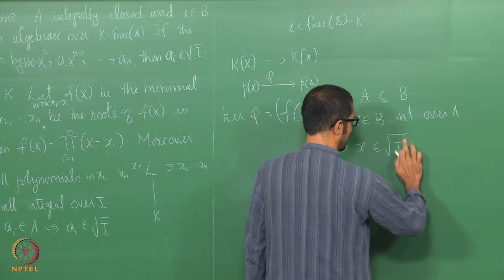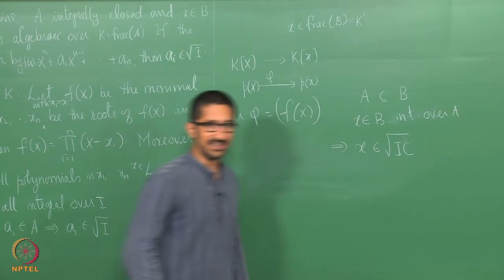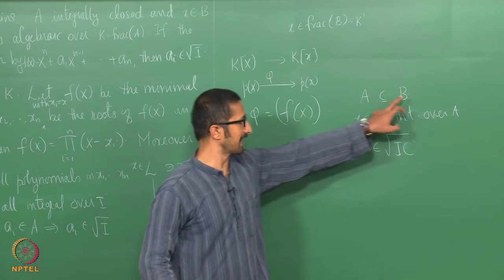What is I extension? It is I C, where C is the integral closure of A in B.